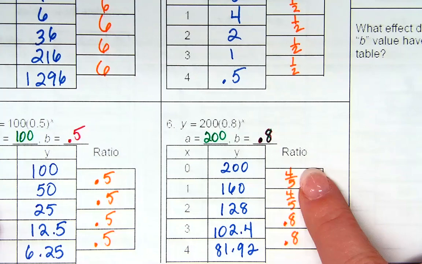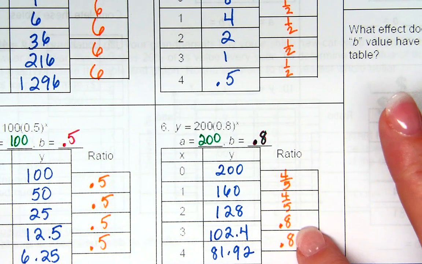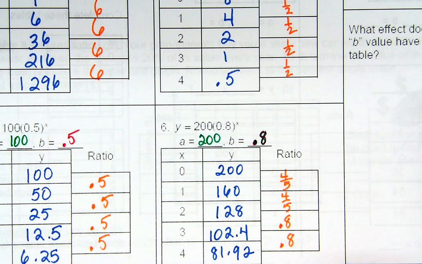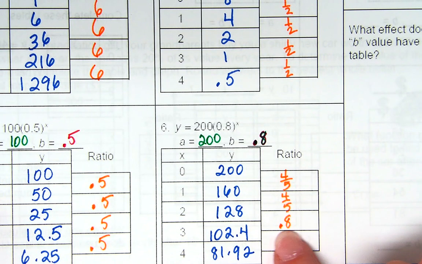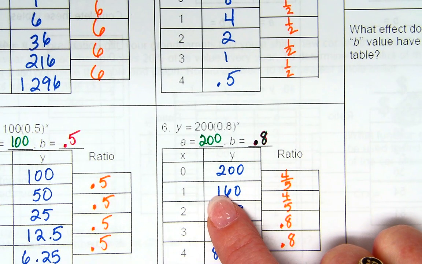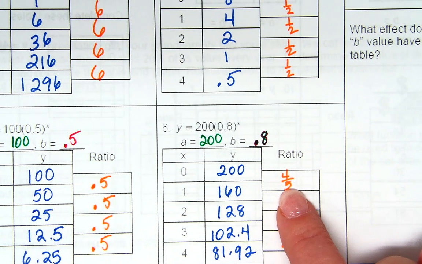And then did you see this ratio anywhere? Now you already told me that 0.8 is the same as 4 fifths, right? So why did you say 4 fifths right here, and why did you say 0.8 right here? If you divide 160 divided by 200, the calculator will tell you 4 fifths.